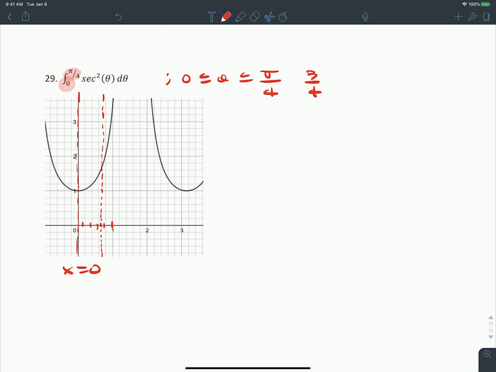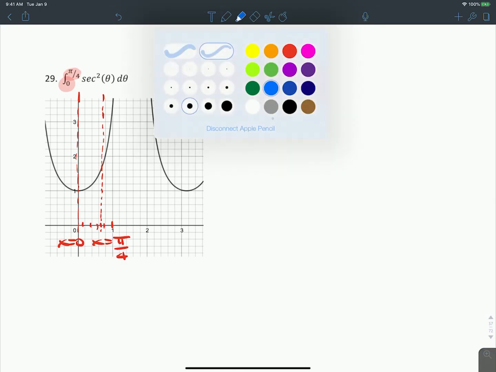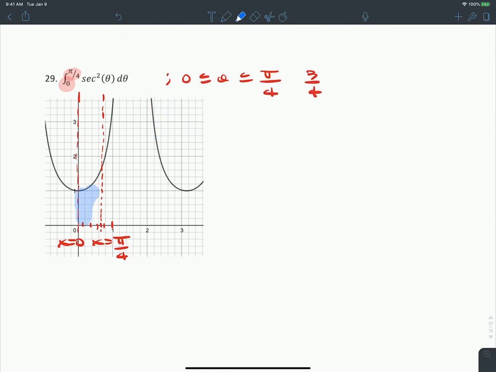So if I erase some of this here, let's do it this way. This is x is 0. This is x is pi over 4. So we're going to find the area here under that curve, and it's going to be positive.